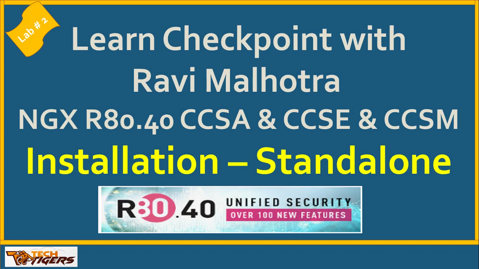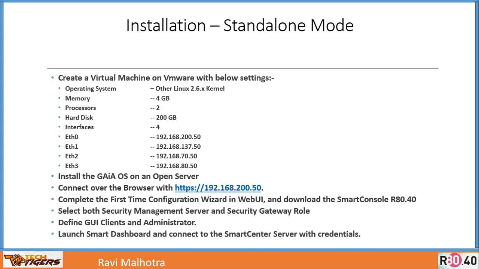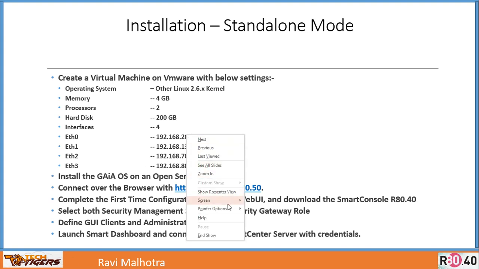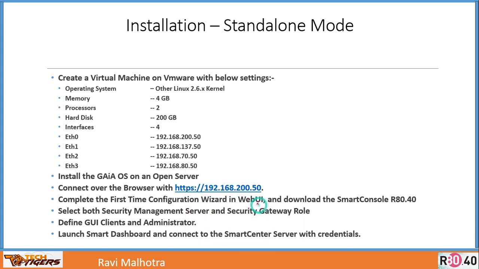In this lab, we have to achieve a standalone installation. We have to do two things. The first thing is that we have to create a virtual machine real quick with all these specifications.